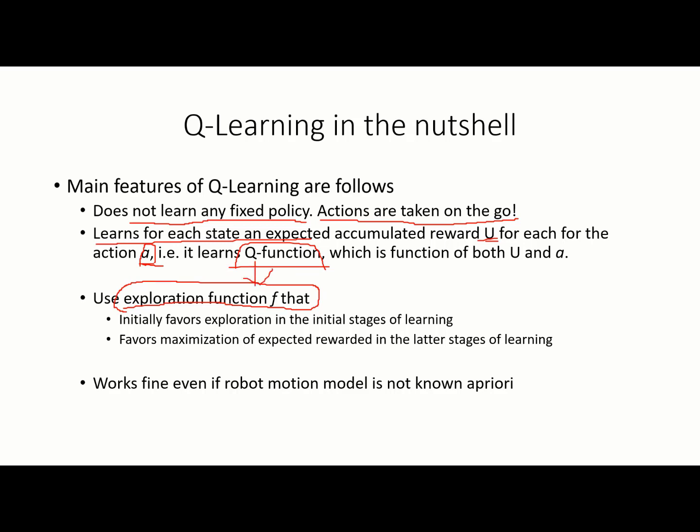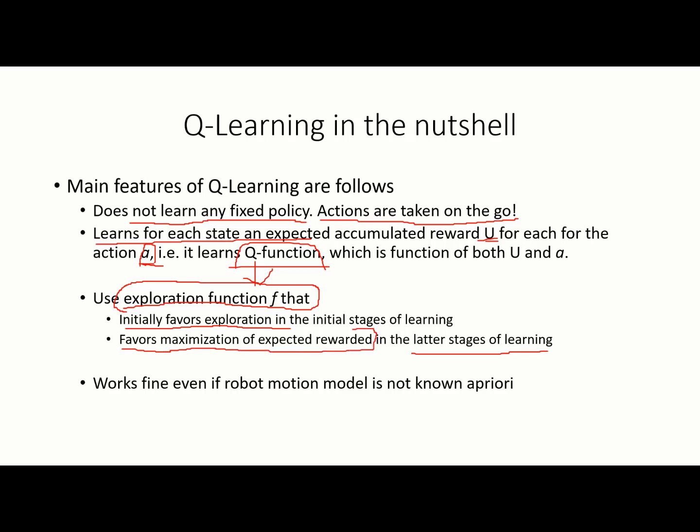An important characteristic of this function is that in the beginning of the navigation, it favors exploration. And as we move on to the latter stages of the navigation, it is going to favor the maximization of the expected reward.